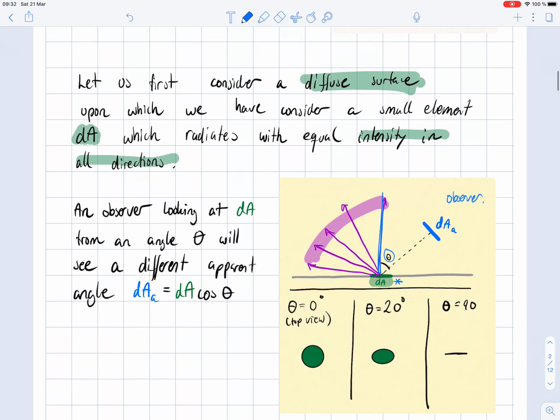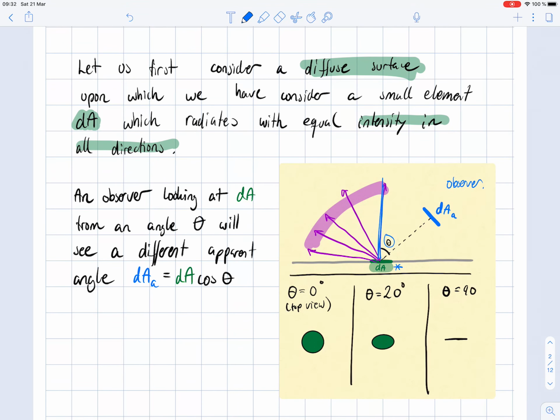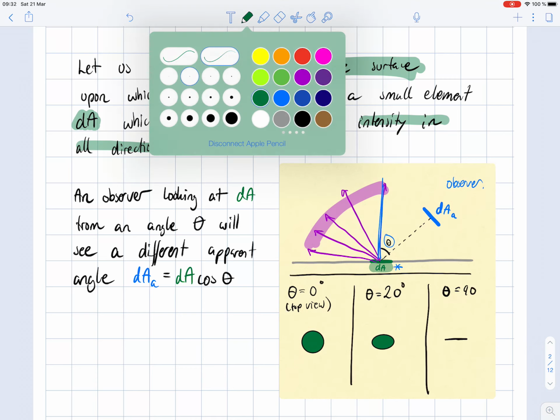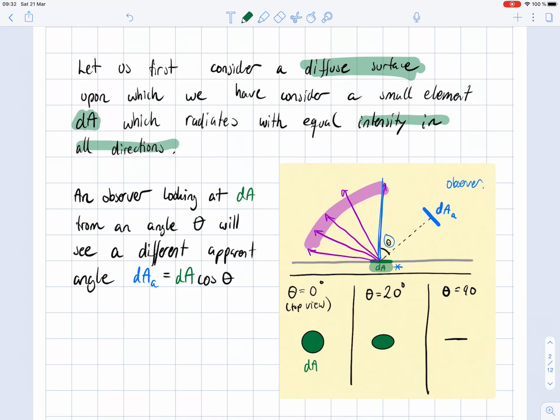As the observer changes his or her angle to this surface, you will see different things. Assuming that the disk that we have, dA, in green, is circular, if you see it from the top, you will see the circle effectively.